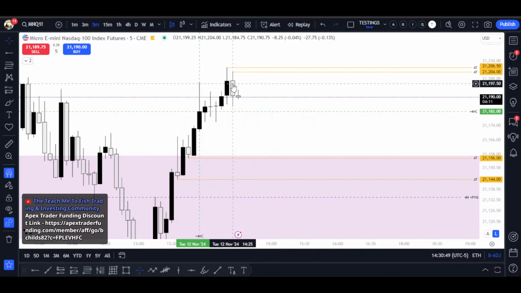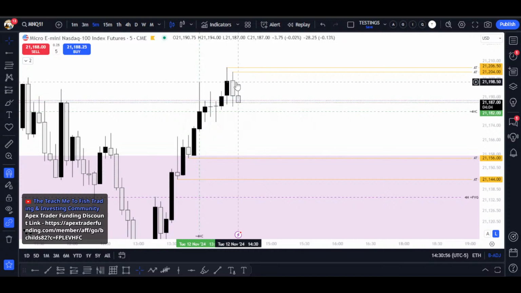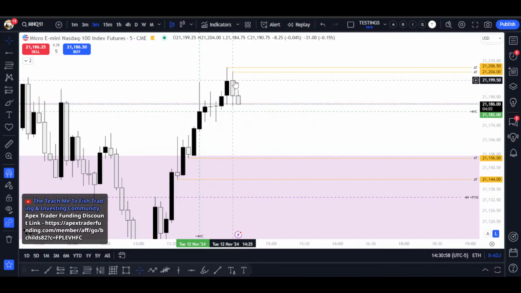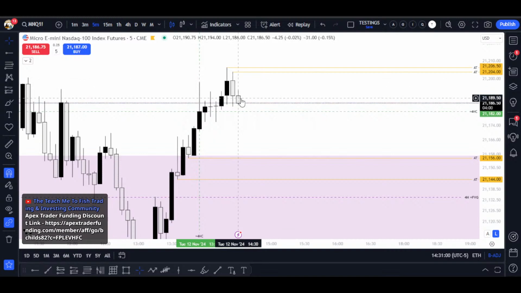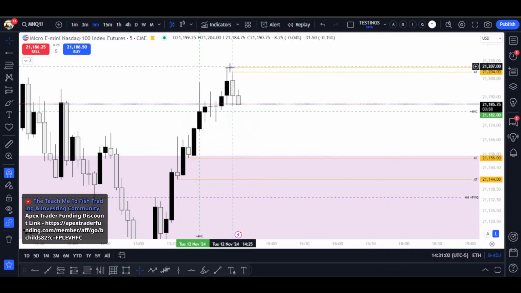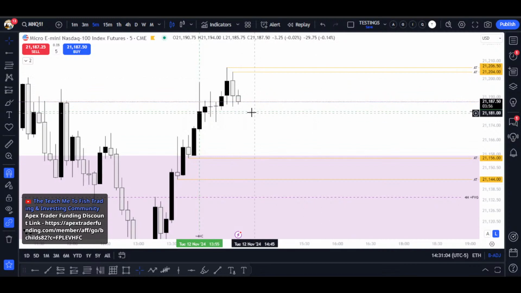Now, 225 body did close below 220's body. And it actually engulfed the high as well. So we could see price go ahead and start pushing down, leaving these two algo targets.